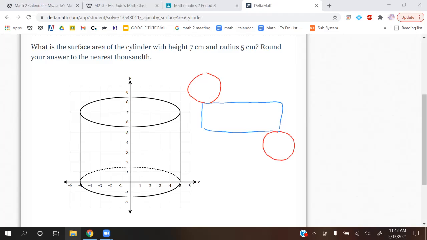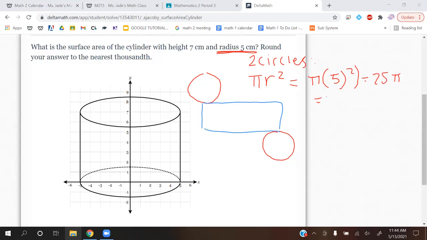So our 2 circles is pi r squared. So we have pi, what is the radius? Radius is 5 centimeters. And that gives us 25 pi. I'm going to type it in my calculator. 25 pi gives me 78.53981.